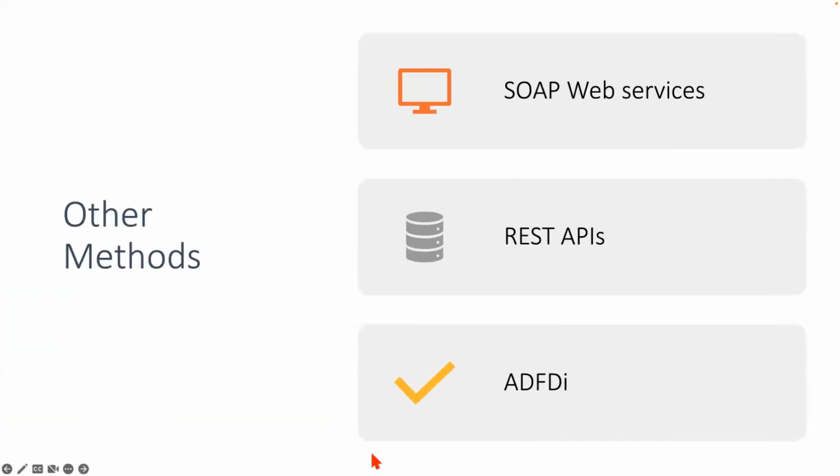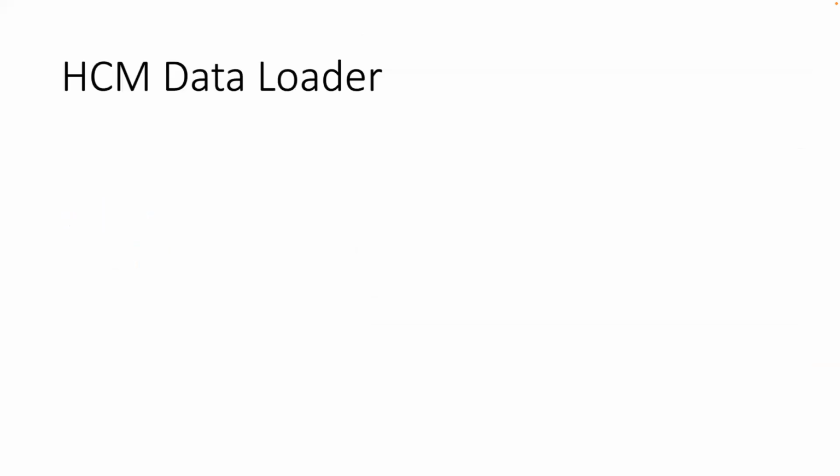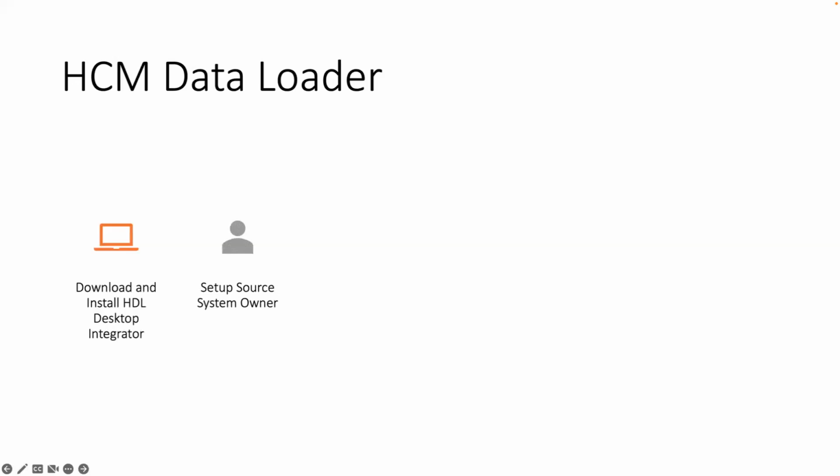So in conclusion, the key thing is that you've got all these different methods that you can use to load data in. There's another one called the HCM Data Loader. I've got some videos on that as well that show you how to load data in using HCM.